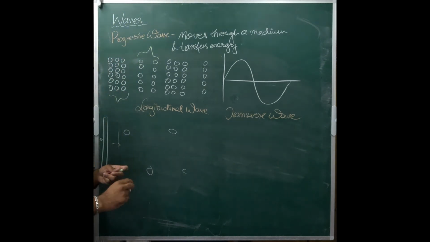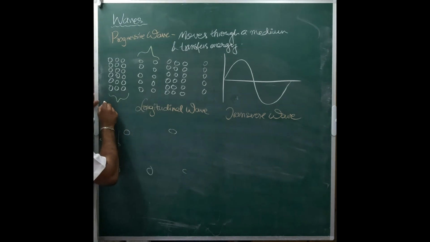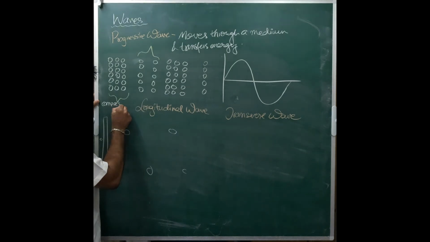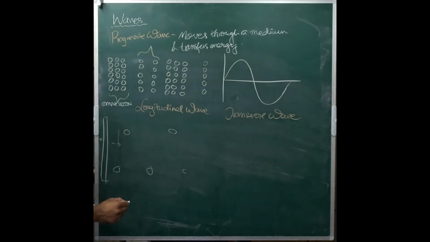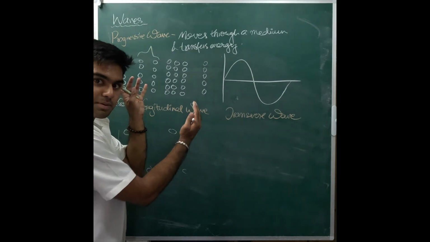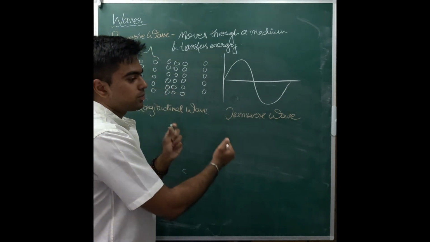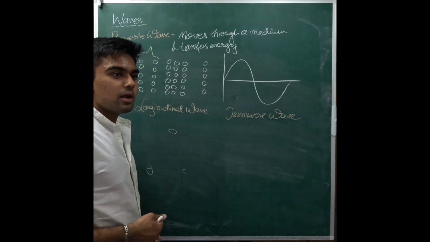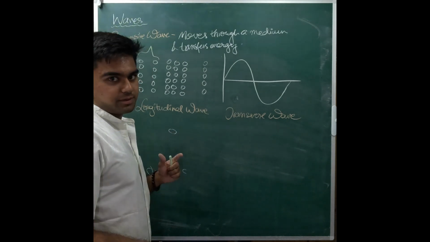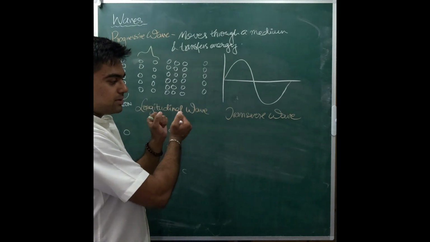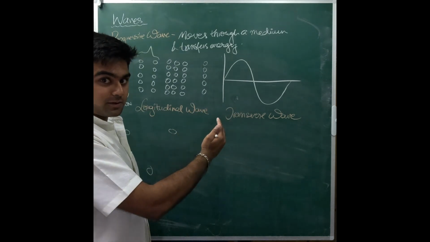Now this higher density area is something known as a compression. Now when all of these particles are bunching up together, because one's hitting the other, this causes another thing to be formed. Because all of these are bunched up here, there's a massive gap here now.